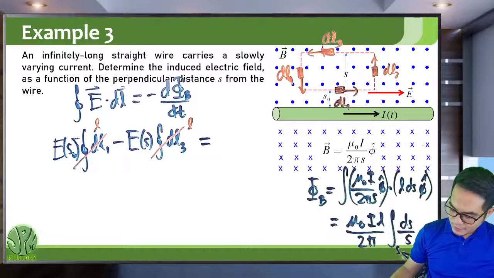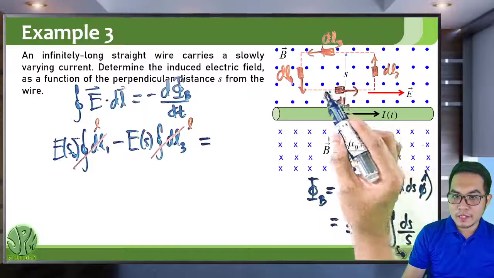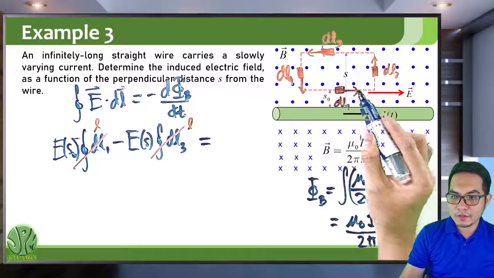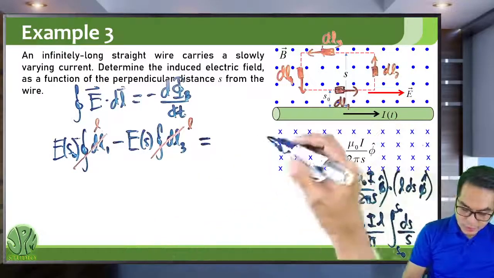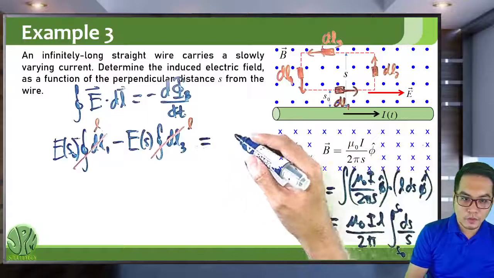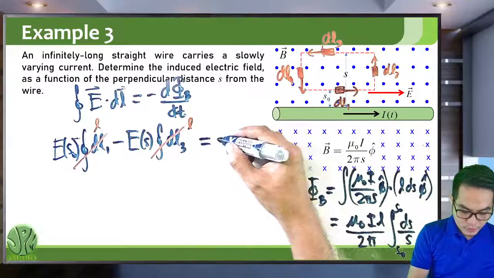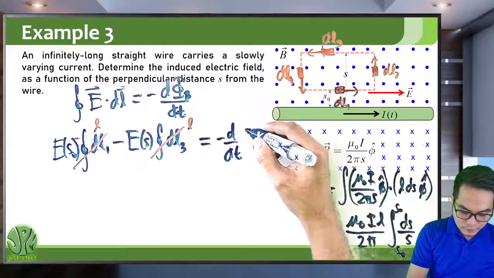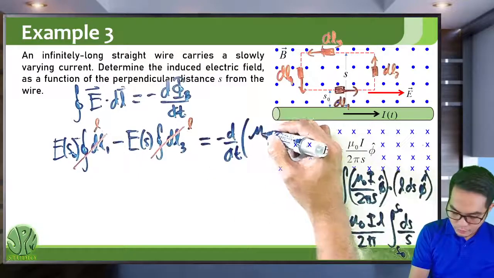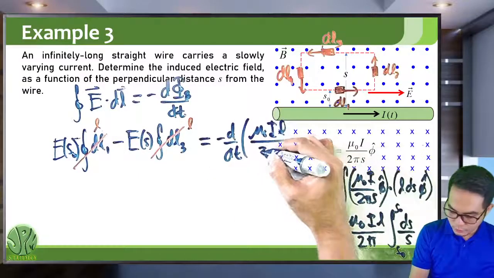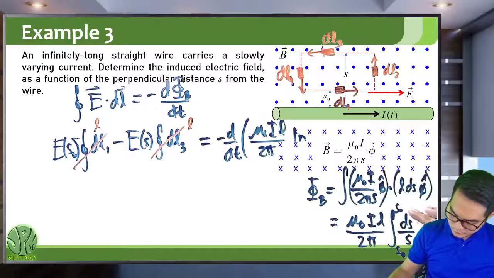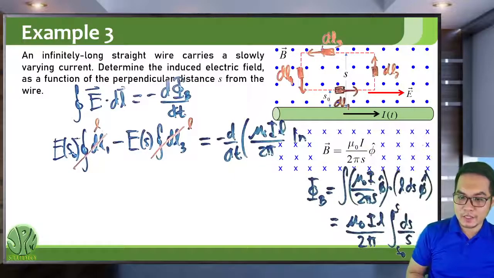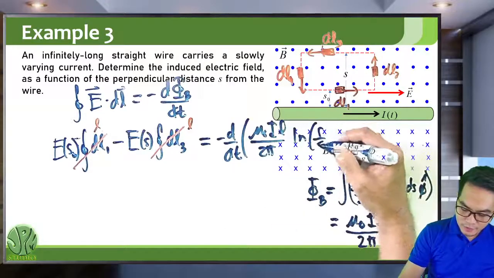It starts from S naught, the distance of this side, to S. Basically, your flux will become mu naught I L over 2 pi times ln of S over S naught. And we have negative d dt of the flux.